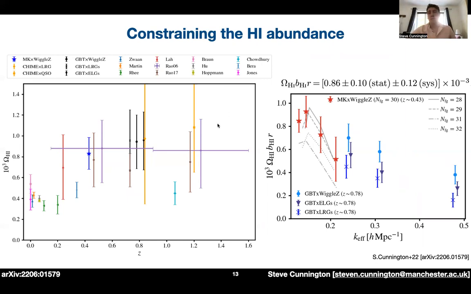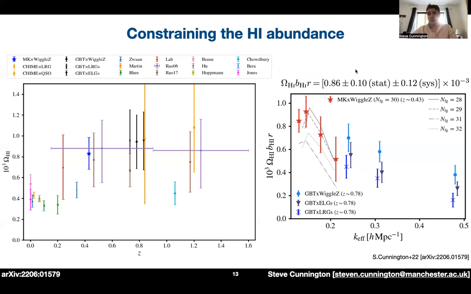So just by constraining the amplitude of the power spectrum, you're sensitive to this parameter, along with some other quantities as well. The H1 bias will also affect this, and also the cross-correlation coefficient, which just accounts for the stochastic nature between the H1 field and your galaxies.